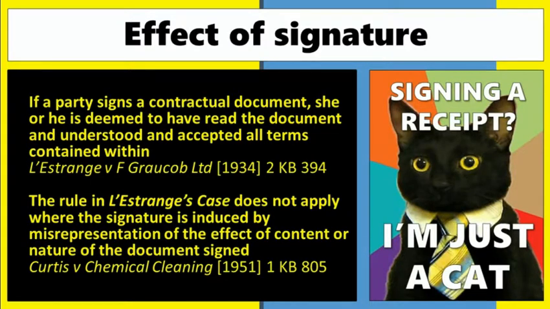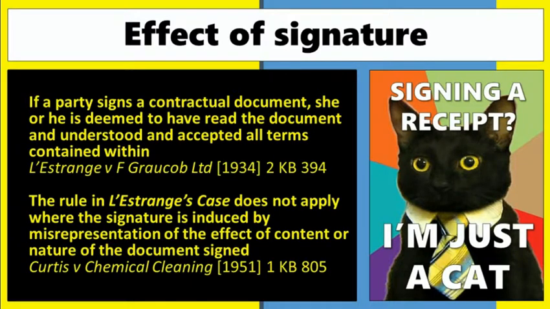Now, clearly there are some exceptions to this. And again, this is where parties were trying to incorporate things by notice, such as in Curtis in chemical cleaning, where one party gives a document to another to sign, but doesn't actually represent that it is a contract and that there are terms in it.